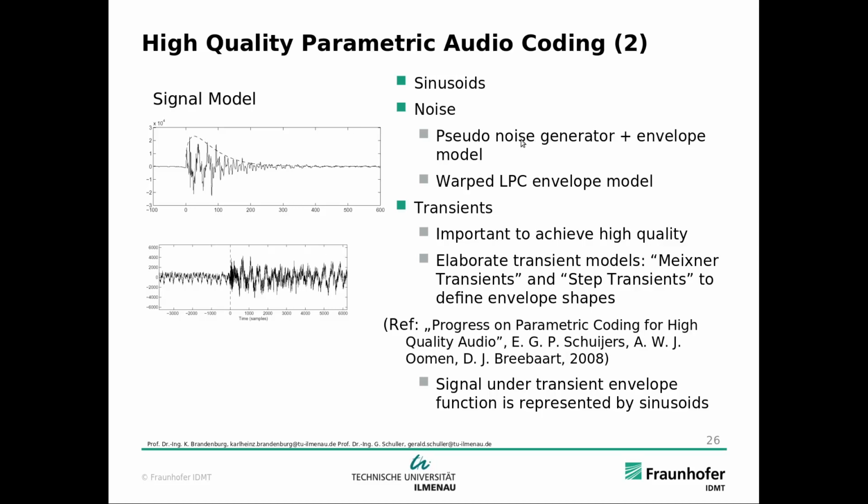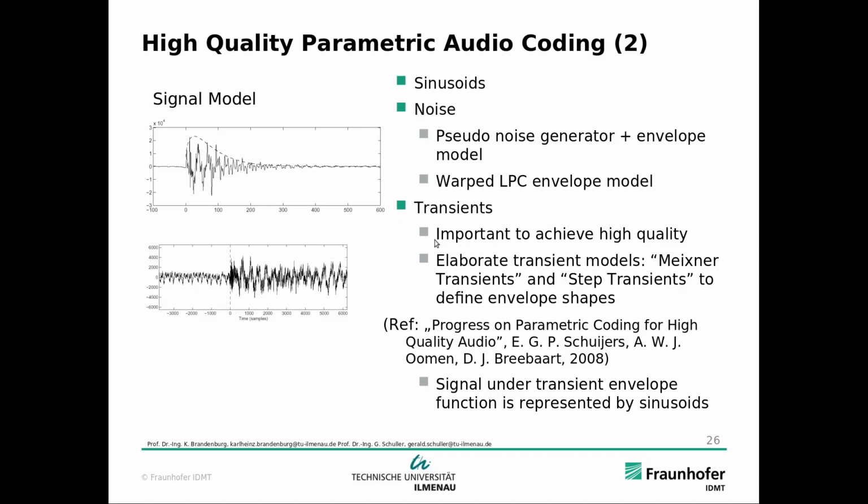So we just need to send this white noise to the FIR filter with those LPC coefficients, and we have our desired noise with the desired noise characteristic. Actually, we use a warped LPC envelope model, which is more suitable to the ear because it gives us more resolution at low frequencies.